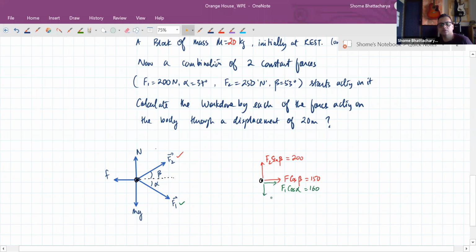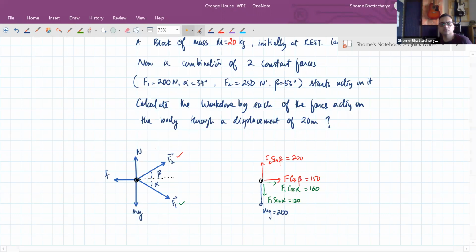And this component will be 200 into sine 37. So that's 3 by 5. That will be 120 newtons. So I have broken these two into components. Then of course the weight of the object we already know, that is 200 newtons, 20 kg.